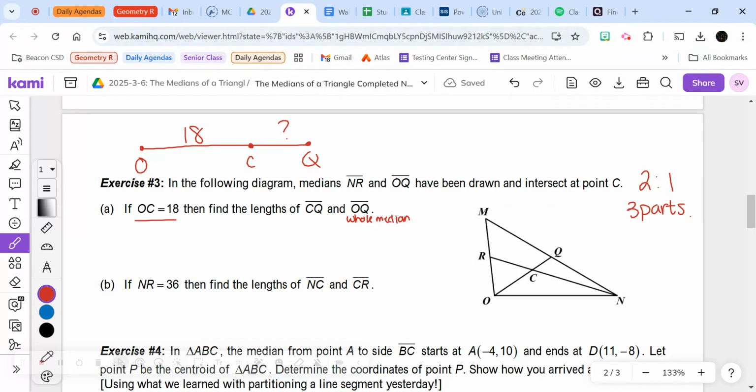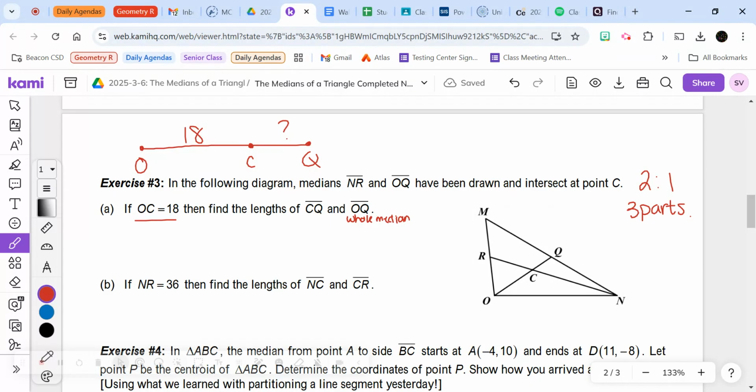Okay. So what I could do here is, because I know the length of OC, and that's 2 out of the 3 parts, CQ is 1 out of the 3 parts. So O to C is going to be double the length of CQ. So I'm going to take the 18 and divide that by 2 to get what CQ is equal to.